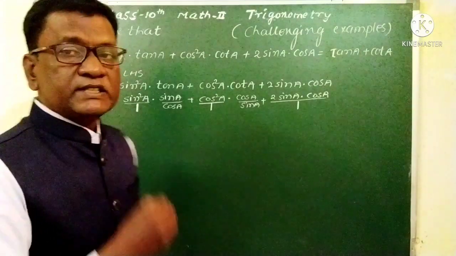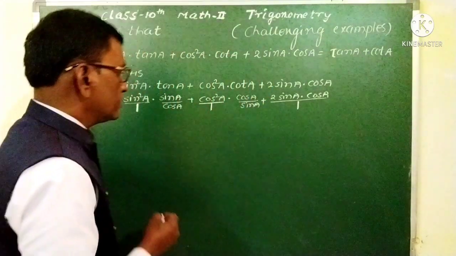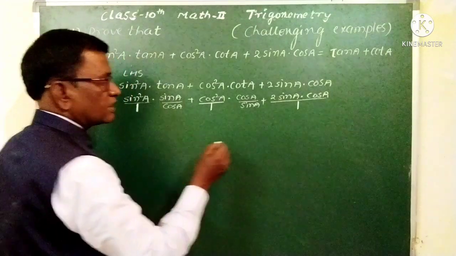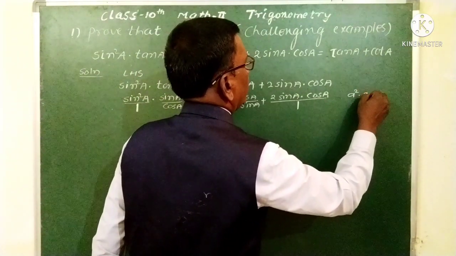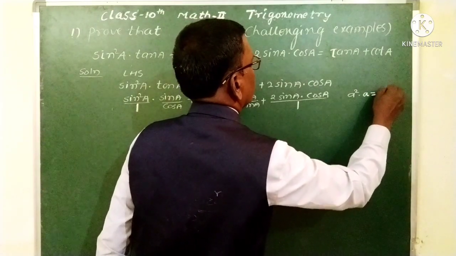We know the algebraic expressions. What is an algebraic expression? A square into A is equal to what? A cube.